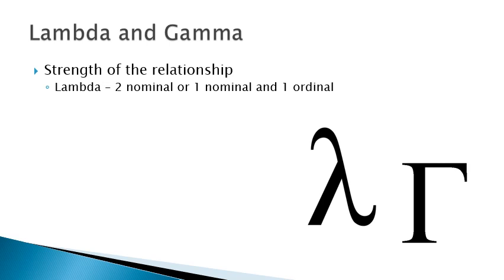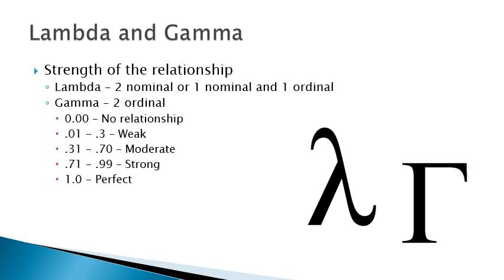So I would use a lambda if I have two nominal or a nominal and an ordinal variable, and I would use gamma if I have two ordinal variables. So once again, how you defined those variables and understanding nominal, ordinal, and interval ratio is critical to knowing how to run stats on the back end.